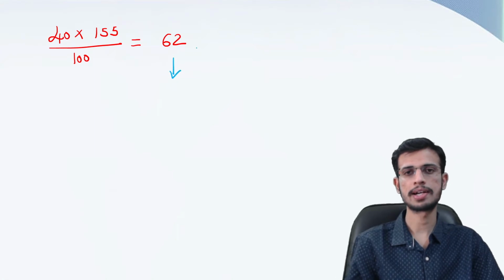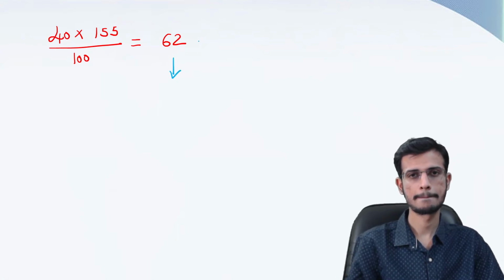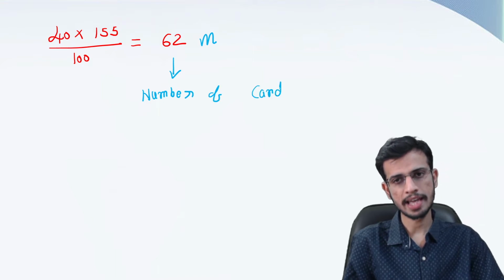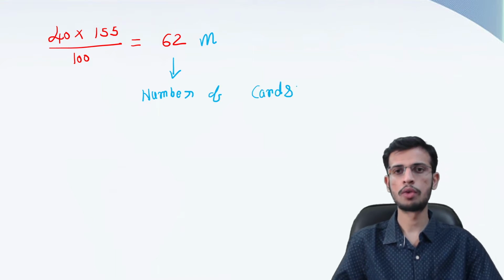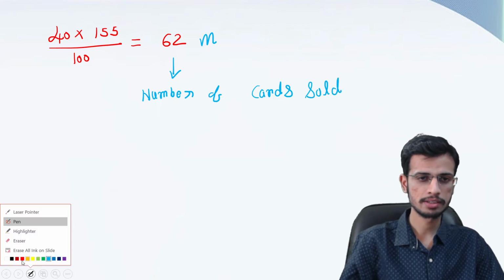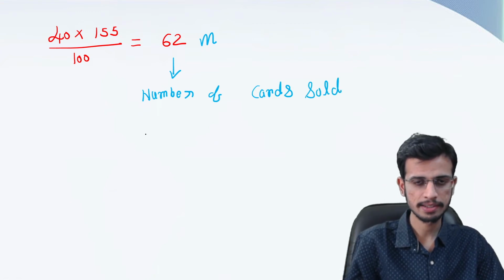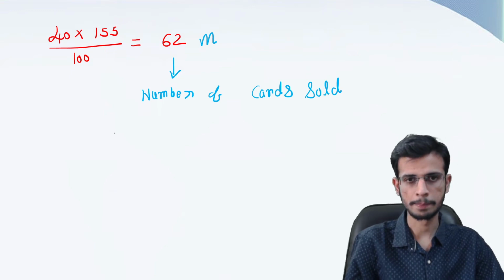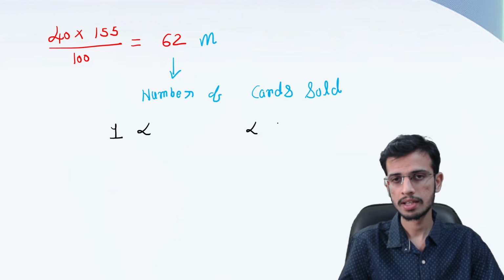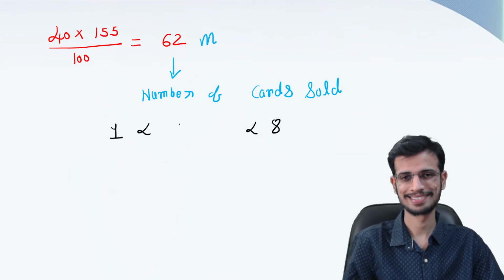Number of cards sold, in million. What is the average price, or the price of one card? The price is per card, the price is between $1 to $8.